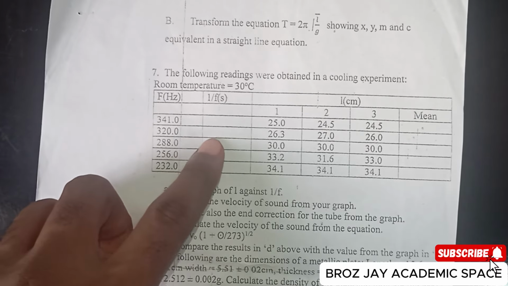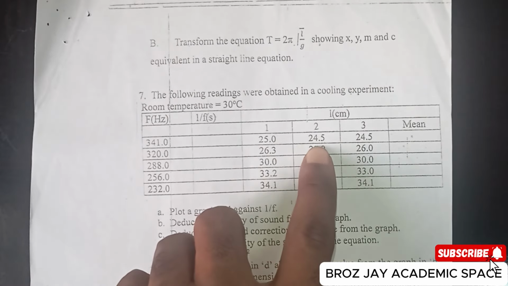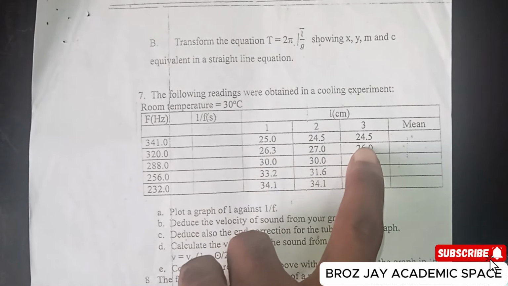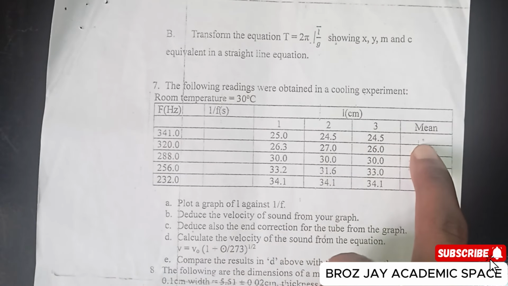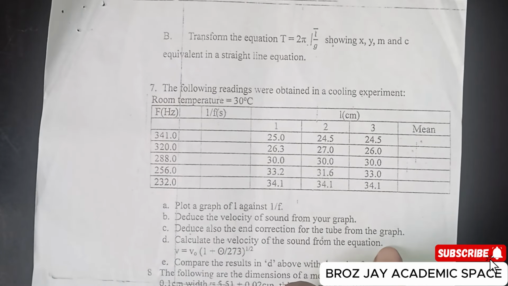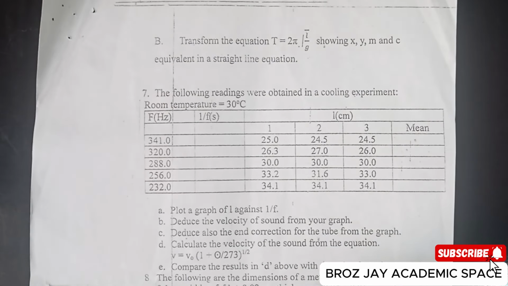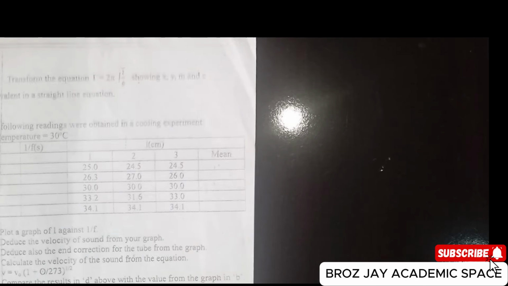So it will be 2.9 times 10 raised to power minus 3. 5.0 plus 24.5 plus 24.5 is equal to, you have your answer, divided by 3. You have the mean here. You apply that in everything here. At the end of everything you do, this is how your results will look like. So let's continue.